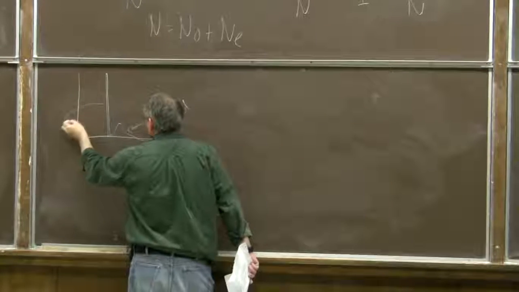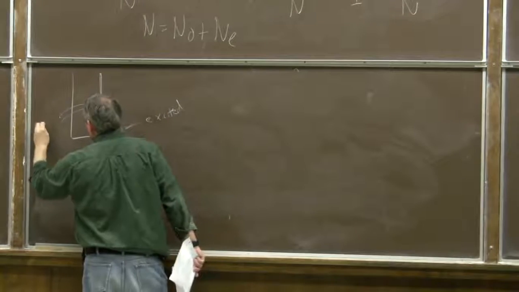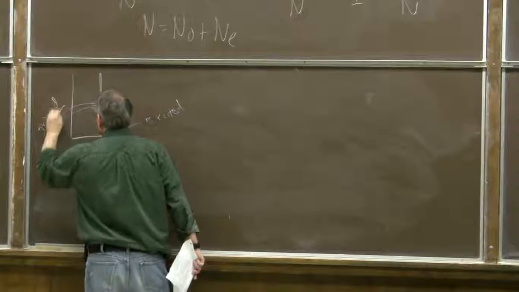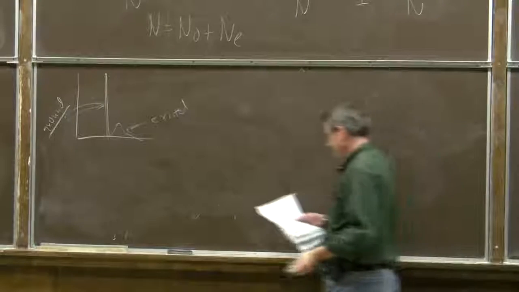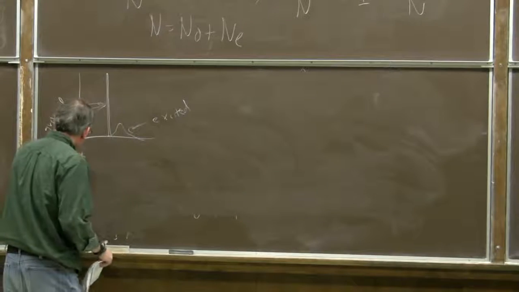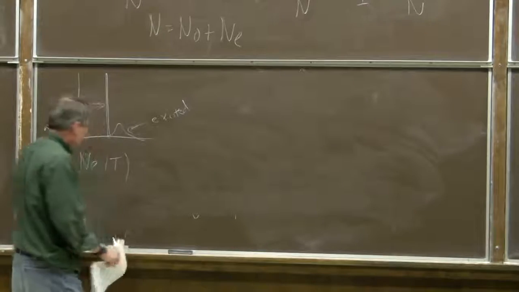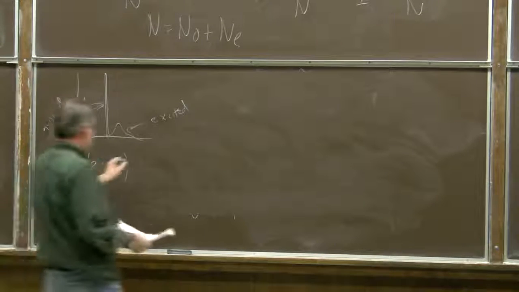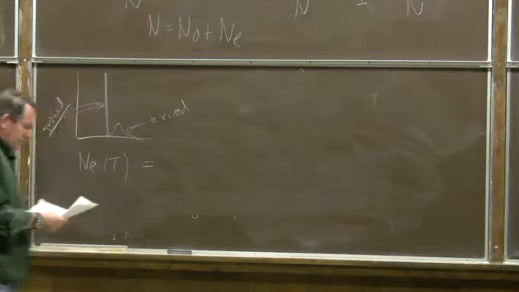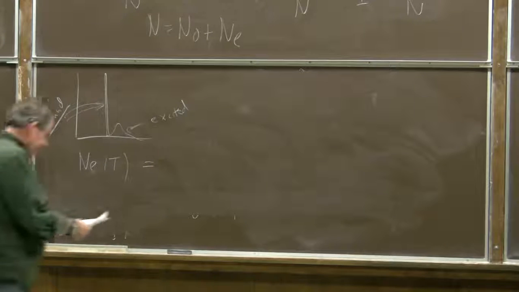Whatever's left over will be the ones in the ground orbital. So for the total number of particles when the temperature is tau, I'll write down the formula for general activity, but then we'll set lambda equal to 1 later on. But we might want this formula available in case we need it later.